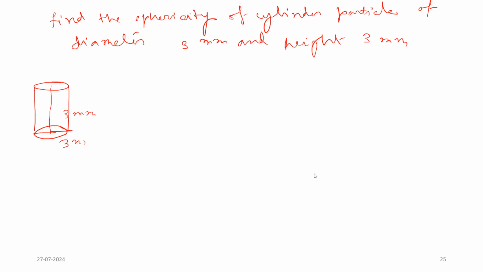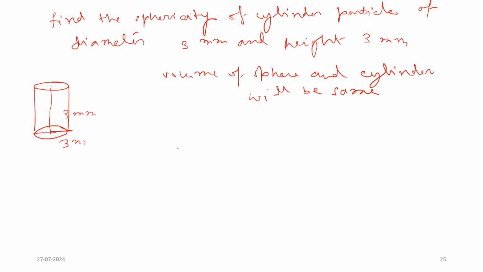First, compare the volume. From the definition itself, you know that the cylinder, the irregular shape particle, and the sphere, both of them have the same volume. So the volume of sphere and cylinder will be the same, right? As per the definition, it is given.